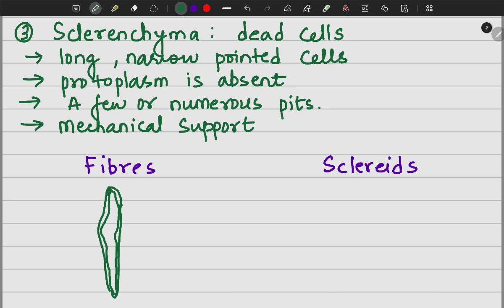So this long pointed narrow cells are fibers, sclerenchyma fibers. Protoplasm is absent. The walls are very thick. And this central portion, this cavity is called lumen. These are the thick walls.